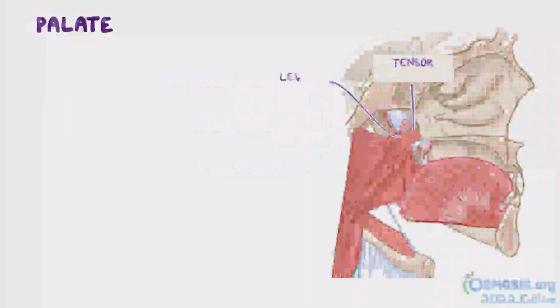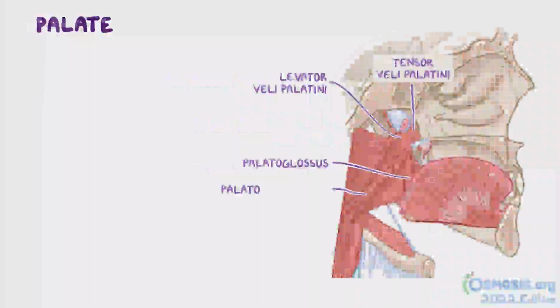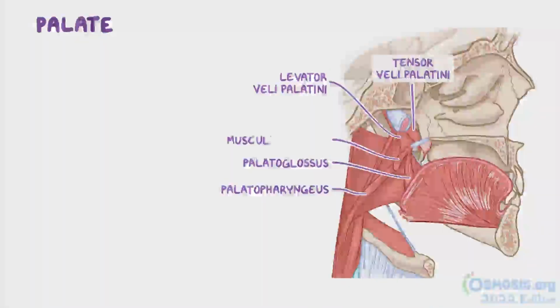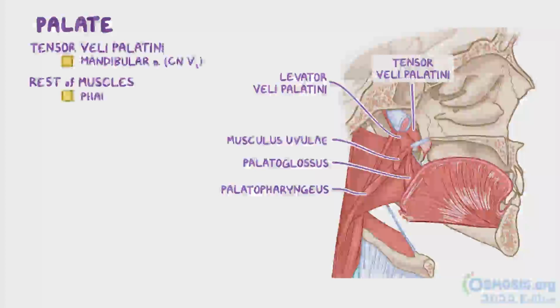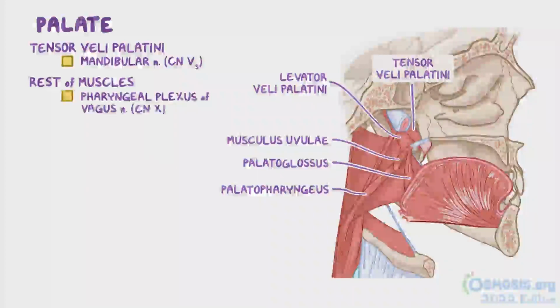The muscles of the soft palate are the tensor and levator veli palatini, the palatoglossus, the palatopharyngeus, and the musculus uvulae. The tensor veli palatini is innervated by the mandibular nerve, and the rest are innervated by the pharyngeal plexus of the vagus nerve.